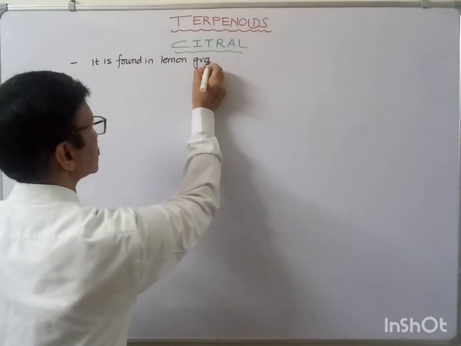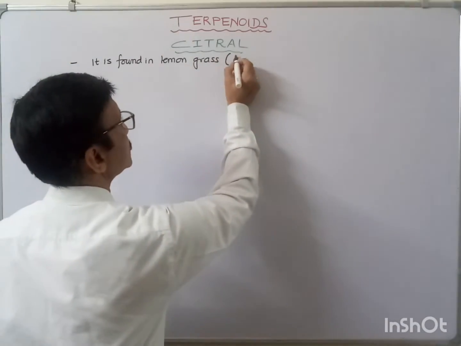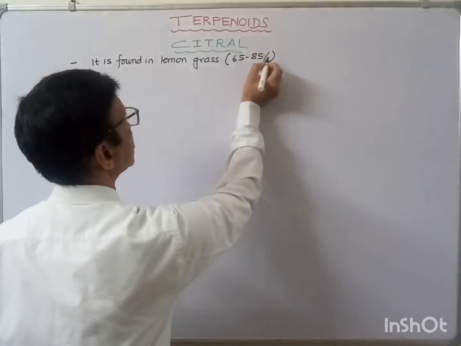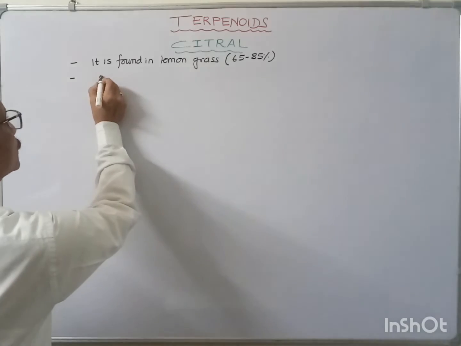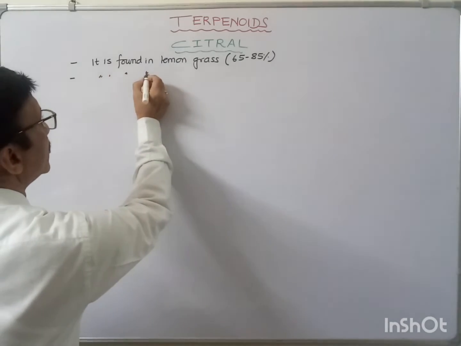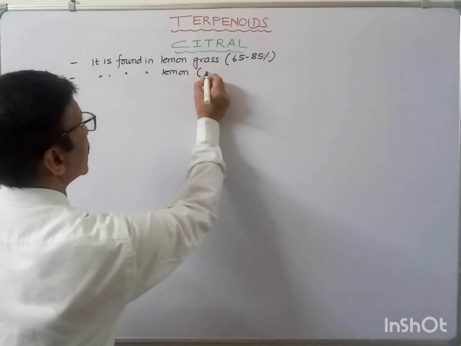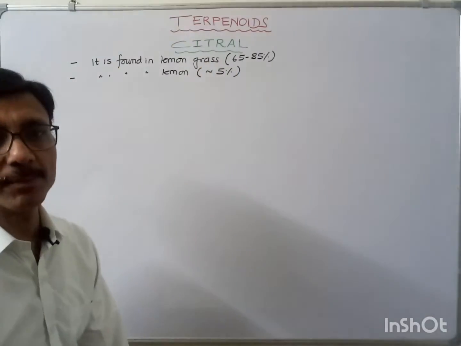Around 65 to 85% of citral is found in lemongrass, and it is also found in lemon, where the percentage is around 5%.